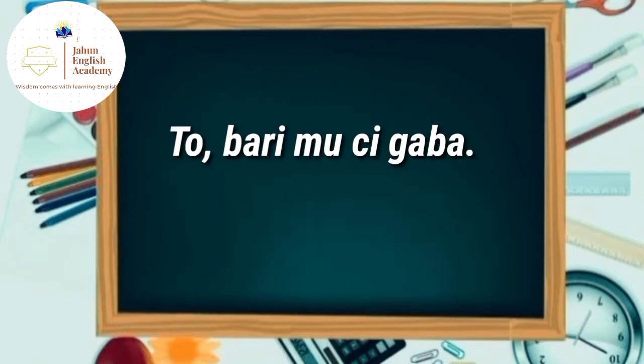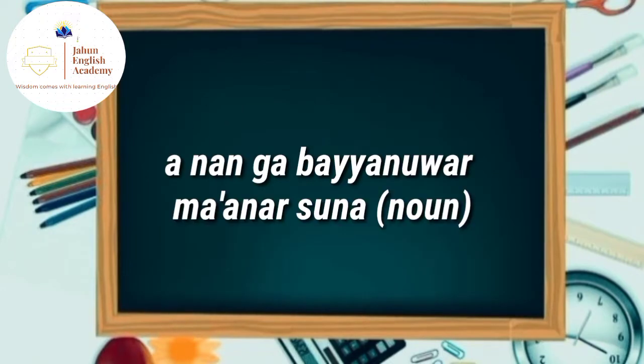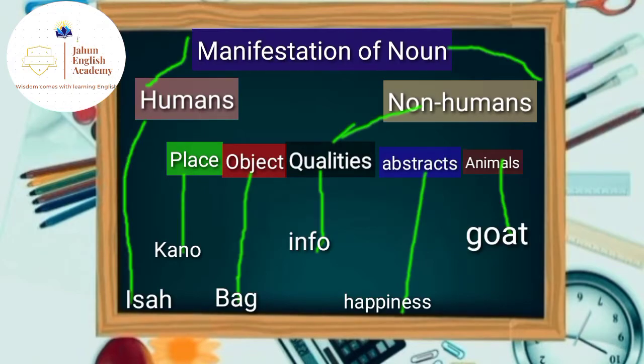Okay, let's continue. Here is a manifestation of a noun. Look at this diagram carefully and examine it. From the human and non-human attributes, you will realize that there is information, as an example of quality, and happiness, as an example of abstract.